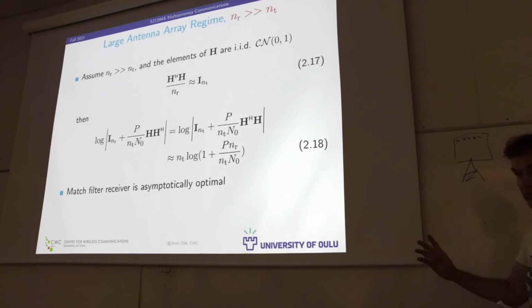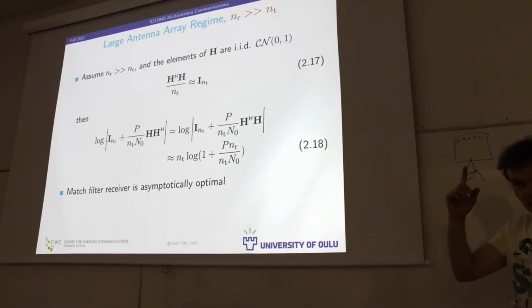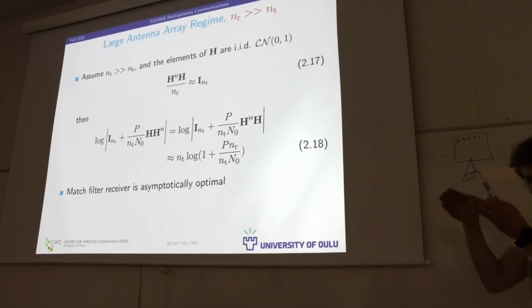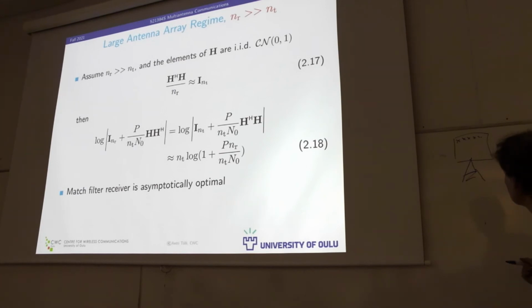But at 20 gigahertz, 10-fold higher, it's just 1/10 of the size, so it's very small. Think about, say, 400 antenna elements here and a UE with 2 antennas. So you have a large disparity between the number of receive and transmit antennas.